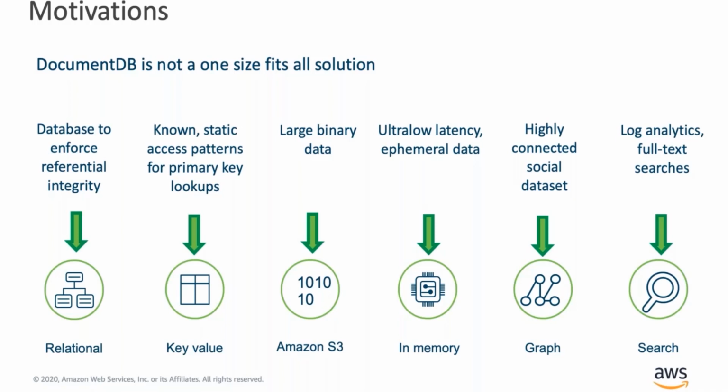If you're looking for a database for a graph data set, a highly connected social data set, then Neptune is the right choice for you, which is our graph database. Similarly, Elasticsearch service is the right choice if you're looking for log analytics or full text search queries. So DocumentDB is not a one-size-fits-all solution, and oftentimes it does make sense to use DocumentDB in conjunction with other AWS services.